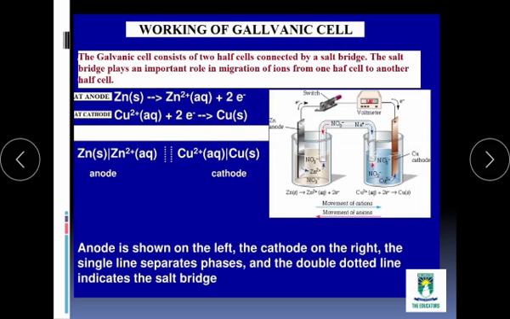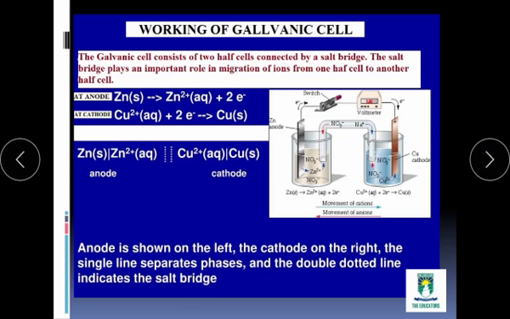The overall reaction is that zinc loses electrons and copper gains those electrons. The anode is shown on the left and the cathode on the right. The single line separates phases and the double dotted line indicates the salt bridge between the two.